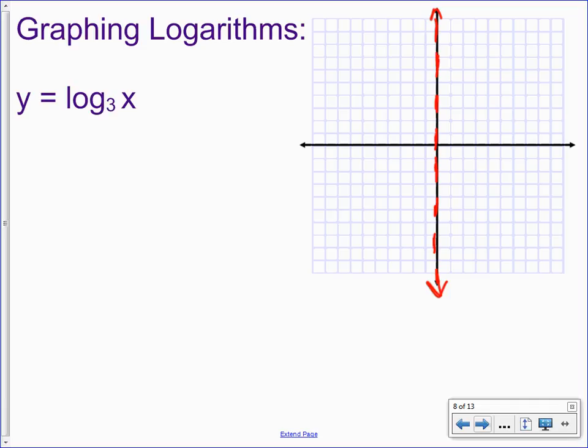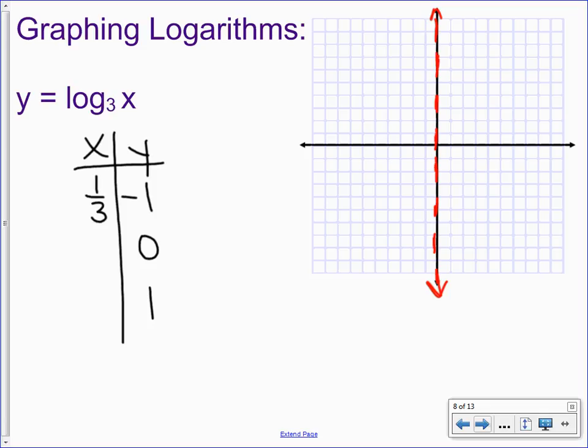Now let's pick our coordinates. Since logarithms are inverses of exponentials, our x and y switch. So -1, 0, 1 is going to go in the y column. What number will we need to put inside the logarithm if I want my y value to be -1? A third.